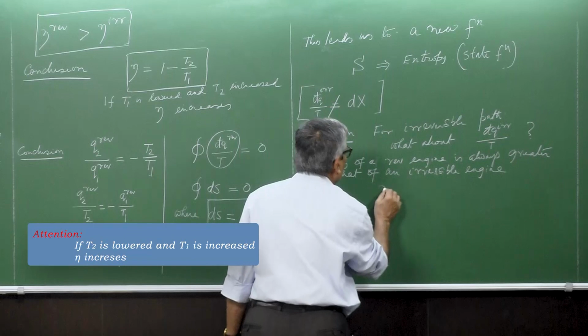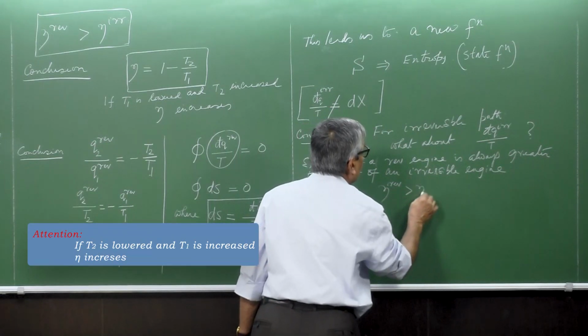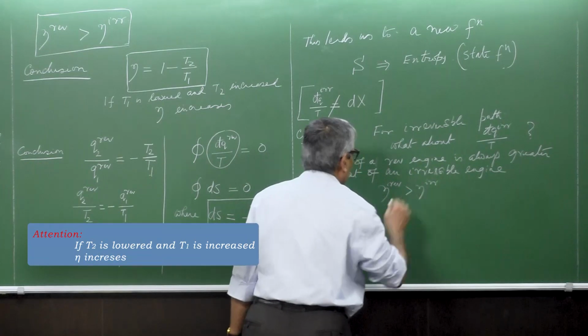That means eta reversible is always greater than eta irreversible.